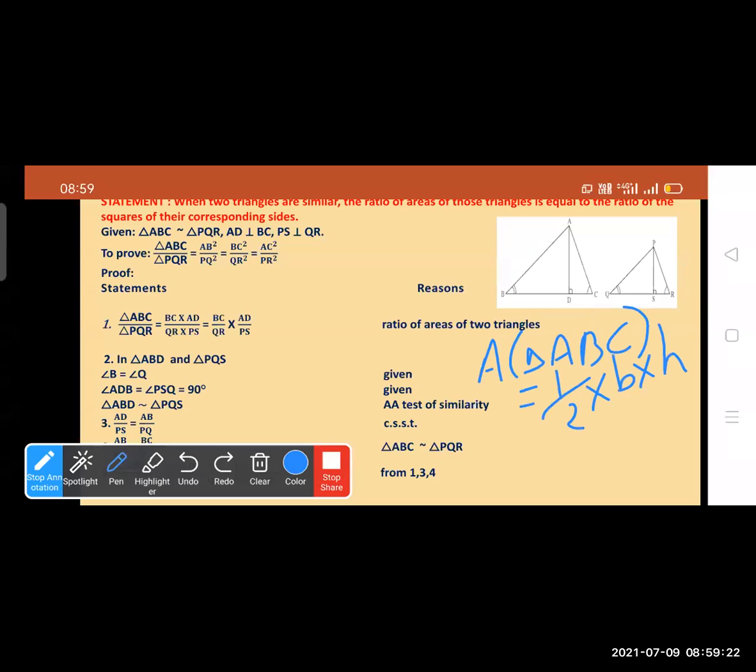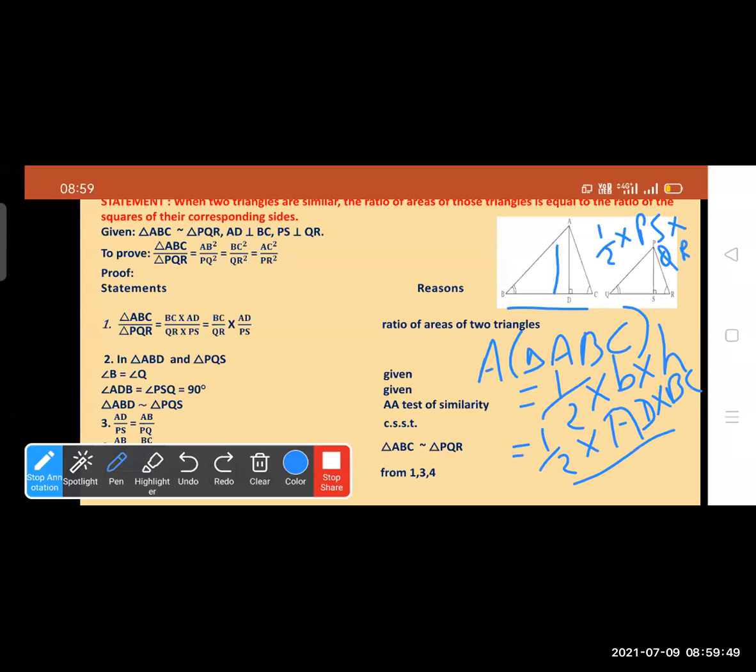Okay. So here base is BC and height is AD. So we write half into AD into BC. Okay. So from the first triangle, we write half into AD into BC. Clear? And from the second triangle, we write half into PS into QR.